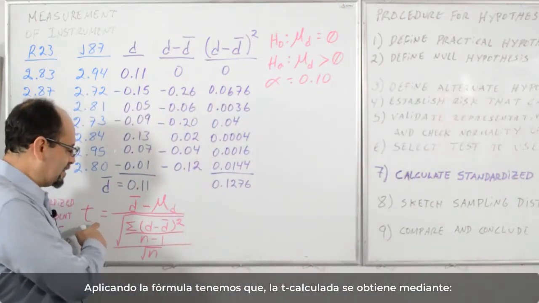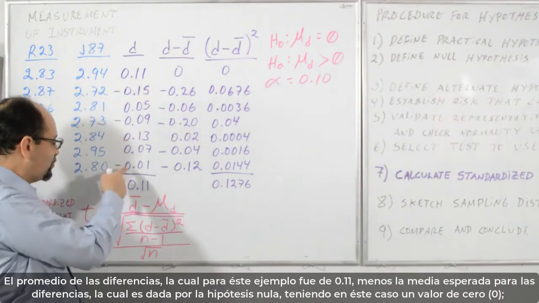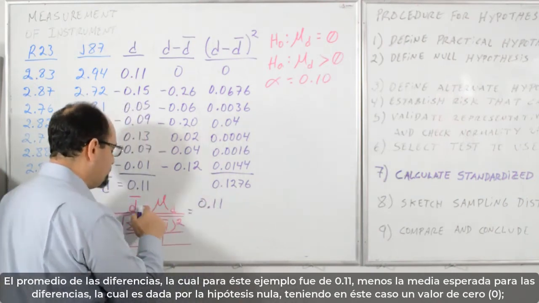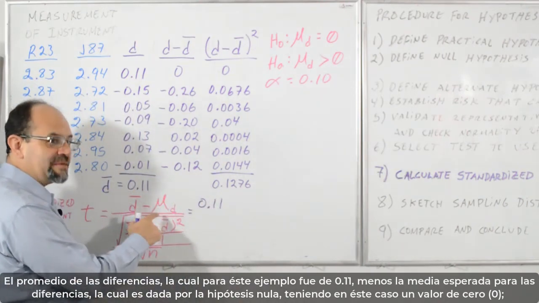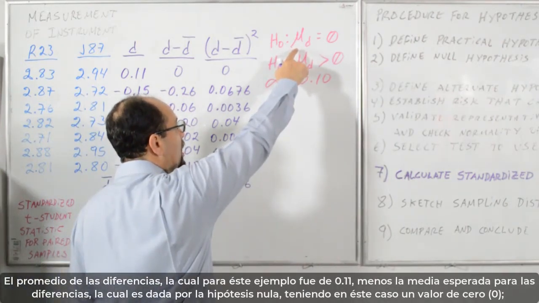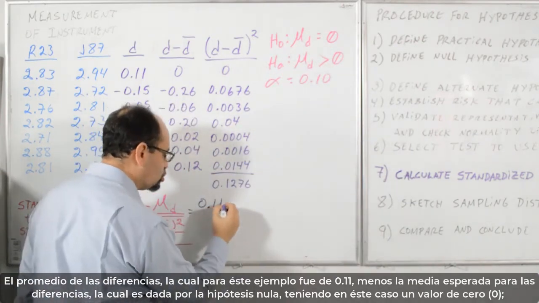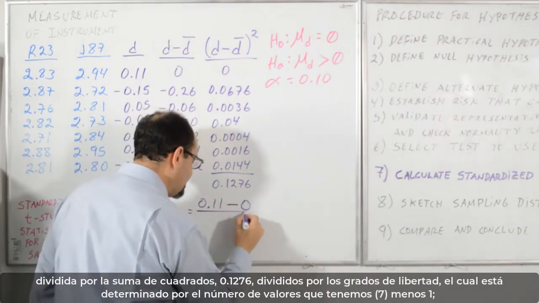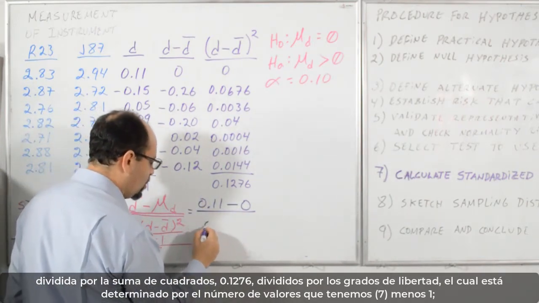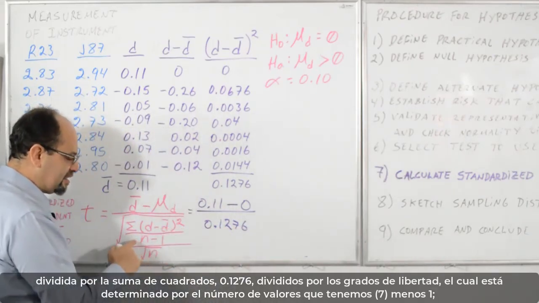The T calculated is given by the average of the differences, which in this case was 0.11, minus the expected mean for differences, which is our null hypothesis, equal to 0. Divided by the square root of the sum of squares, 0.1276, divided by the degrees of freedom.